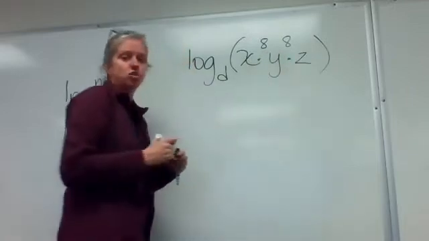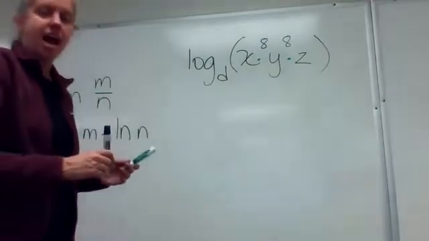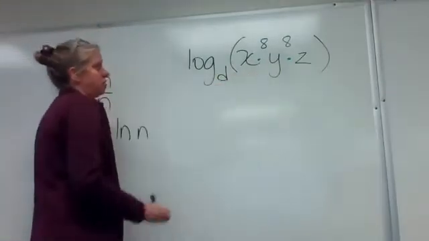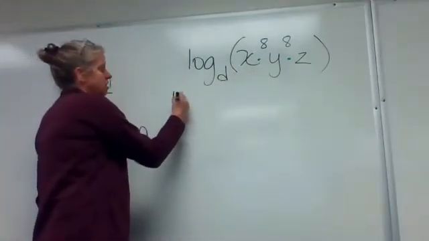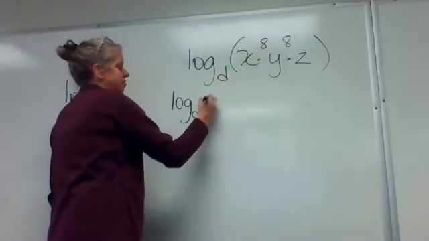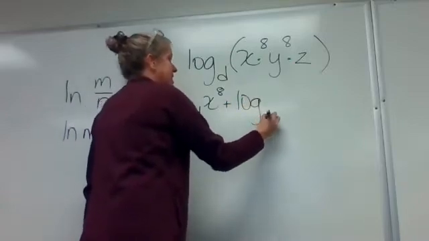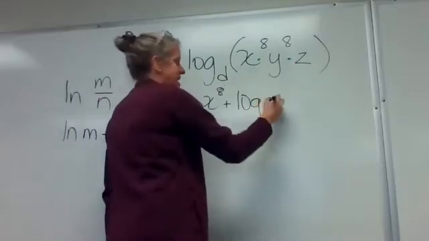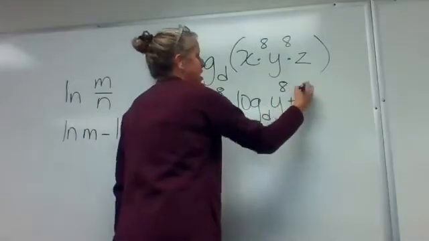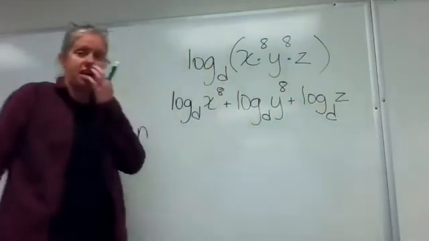Because that x, y, and z are multiplied together. So that can be rewritten as the sum of each of those logs. So I have log base d of x to the 8th plus log base d of y to the 8th plus log base d of z.